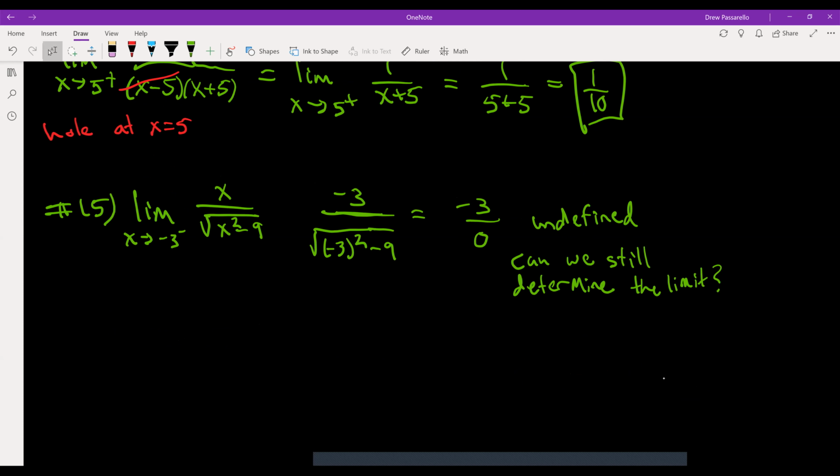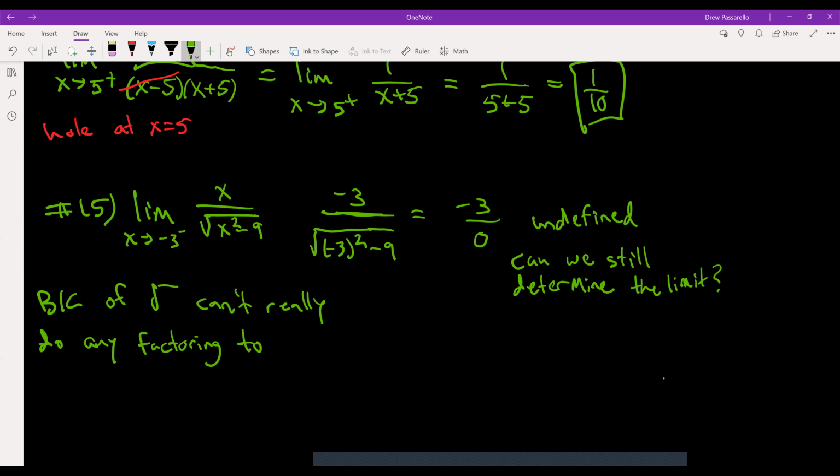And to do this, because of the square root, I can't really do any factoring to cancel out common factors from top and bottom, since the top does not have a square root. So I can't really do any factoring to our advantage.